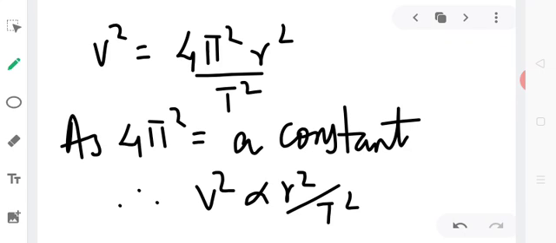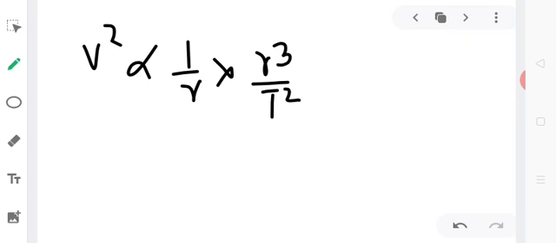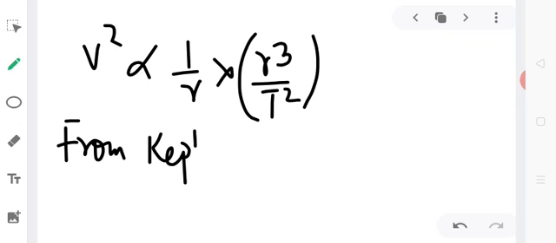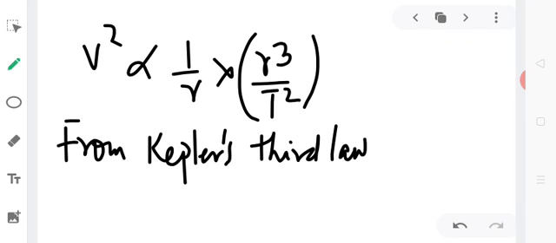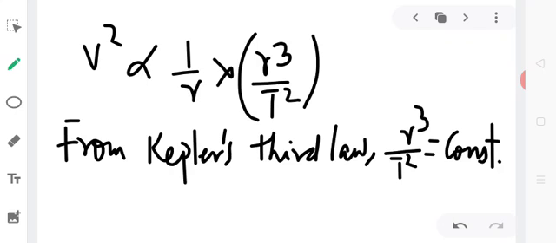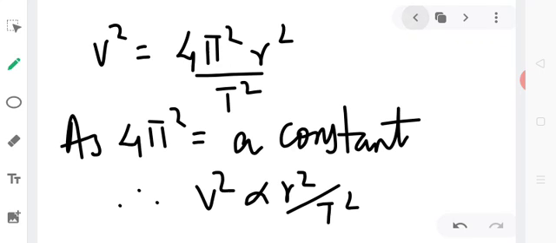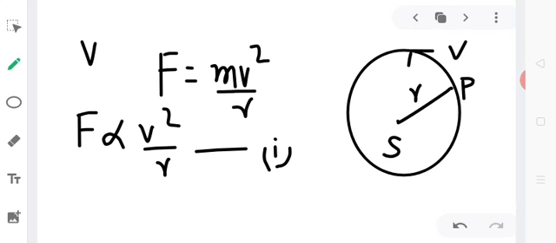So we can write v squared is proportional to 1 by r into r cubed by T squared. Now from Kepler's third law, r cubed by T squared is constant. Therefore, v squared is proportional to 1 by r. Mark it as equation 2.